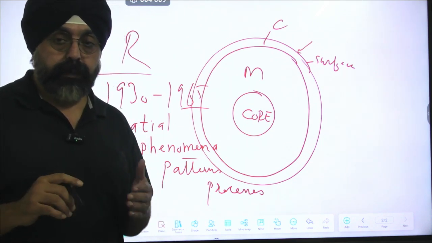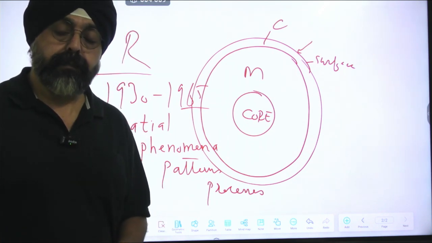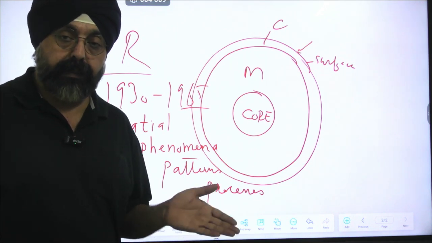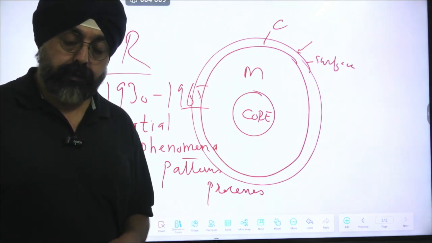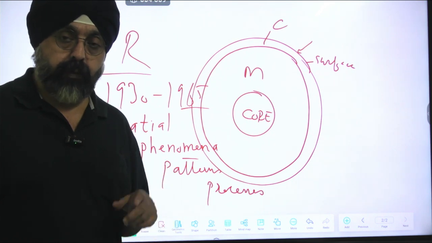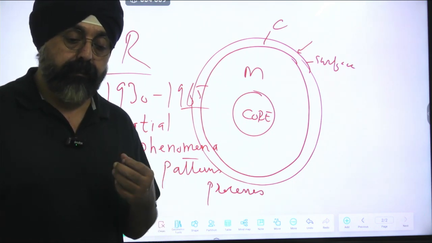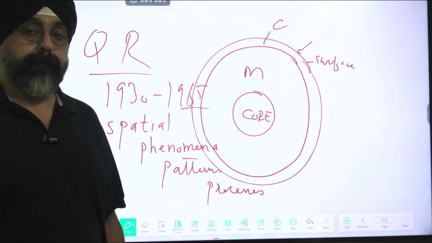So these are the patterns that we have to understand. So geography turned out to be, after 1968, the scientific study of organization of spatial phenomena expressed as patterns and processes.